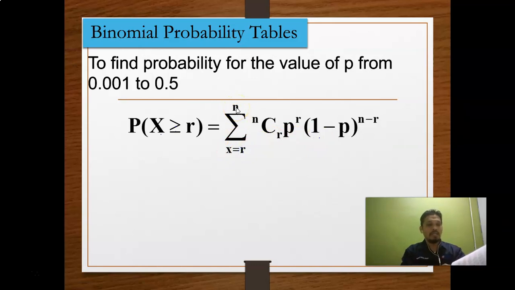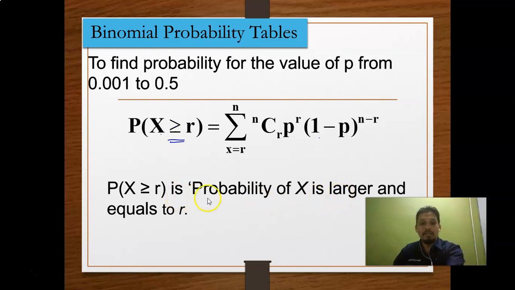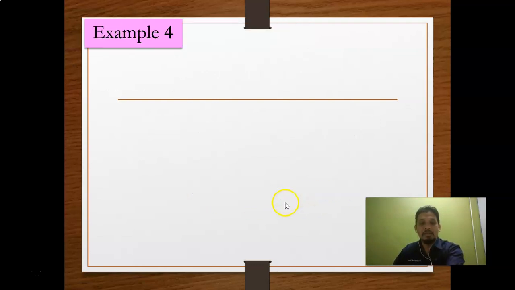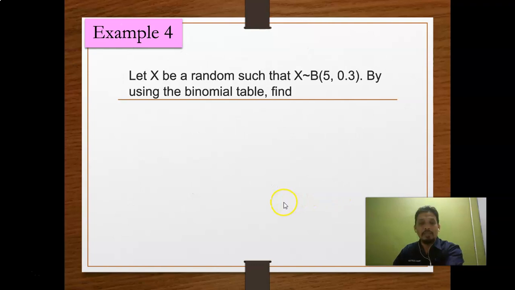So every time you refer to the answers in this table, it is all based on the value of the probability of x larger than or equal to r.